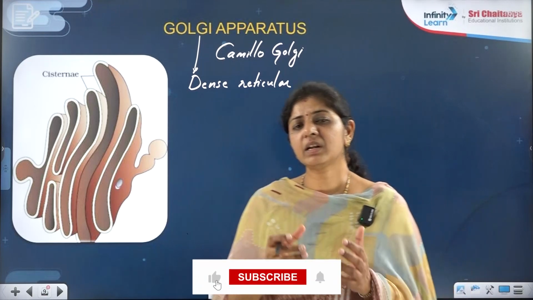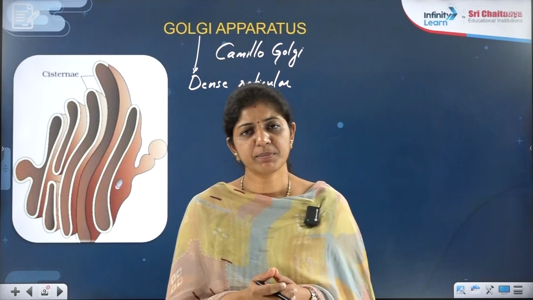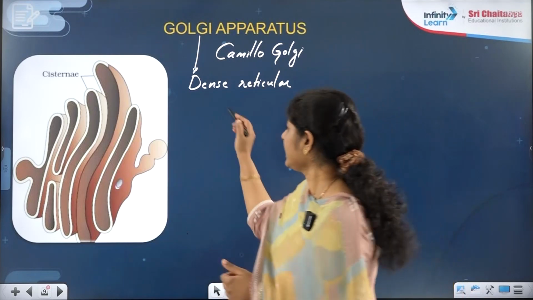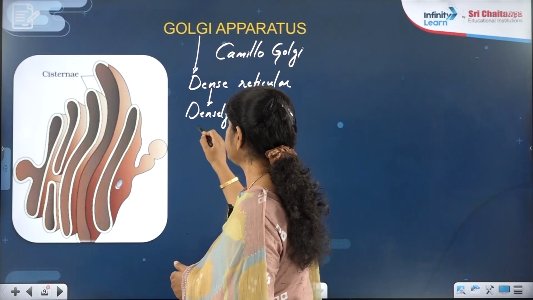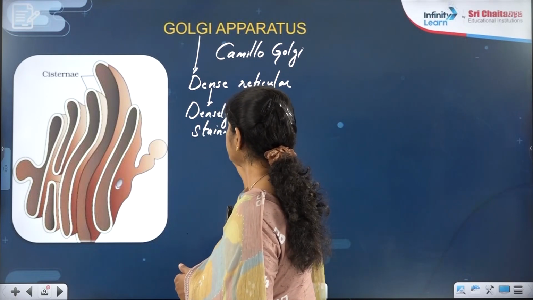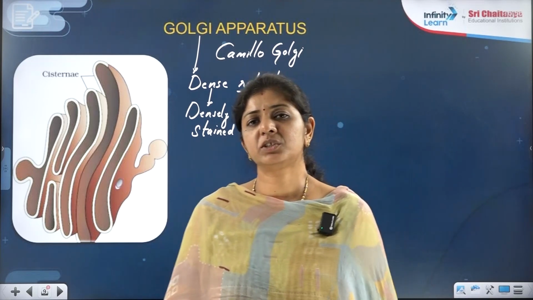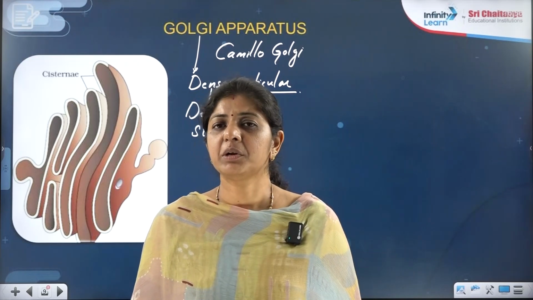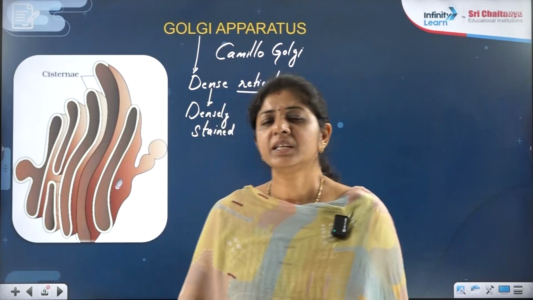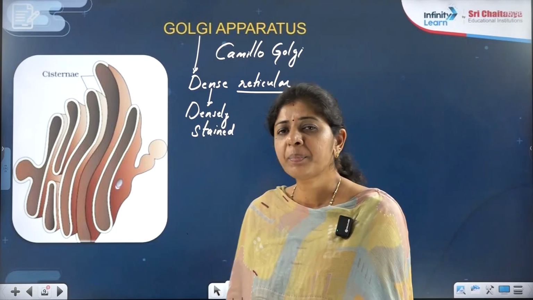If the words given are tiny tubular reticular structures, then the answer will be endoplasmic reticulum. If dense, why? Because they are densely stained reticular structures. Even the endoplasmic reticulum is a reticular structure. But here as per your NCERT, they are densely stained reticular structures. Even here there is a presence of cisternae, tubules and vesicles, right?